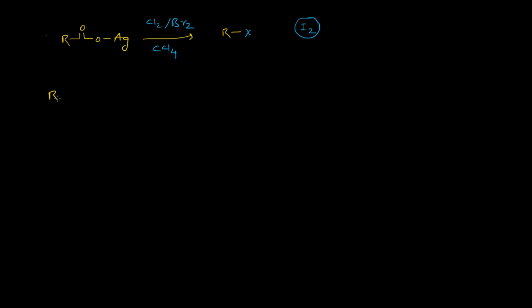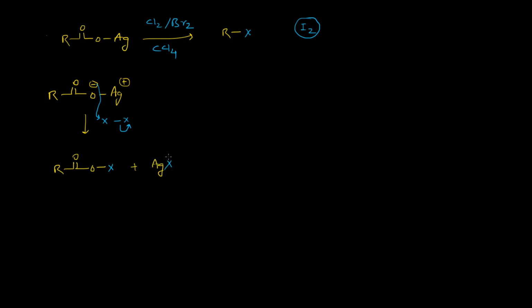Initially, the carboxylate will attack the halogen molecule, thereby forming this particular species along with silver halide.